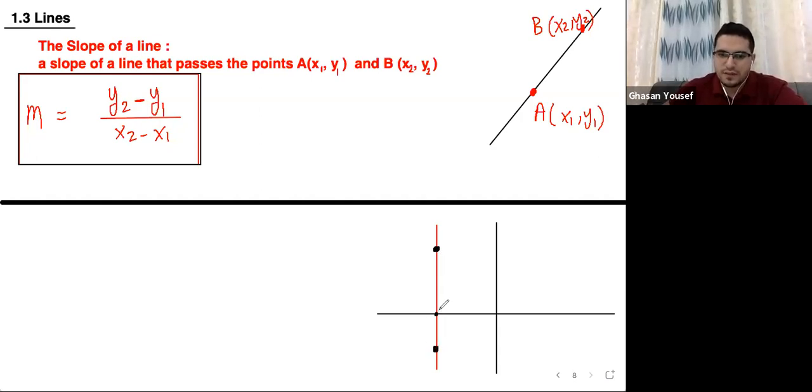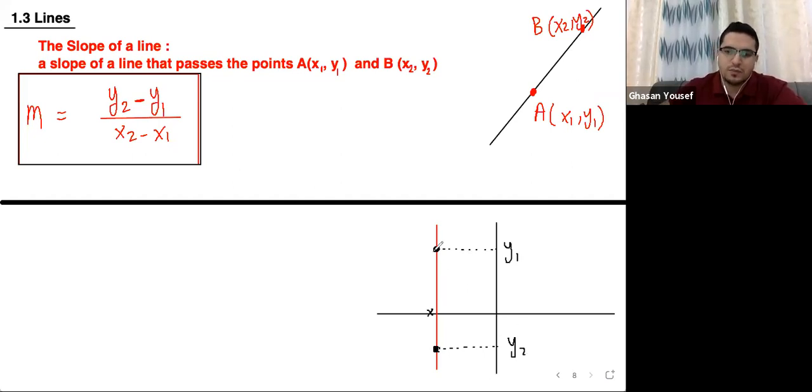The variable here is x, the value of x. This point here is y1, and this point here is y2.